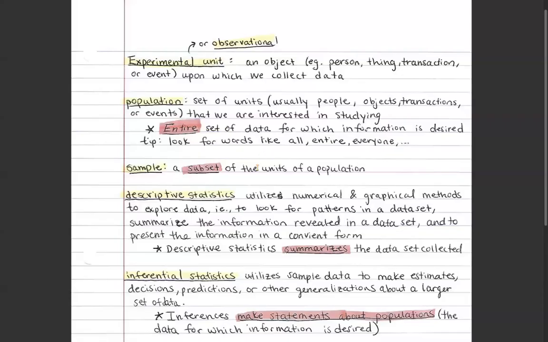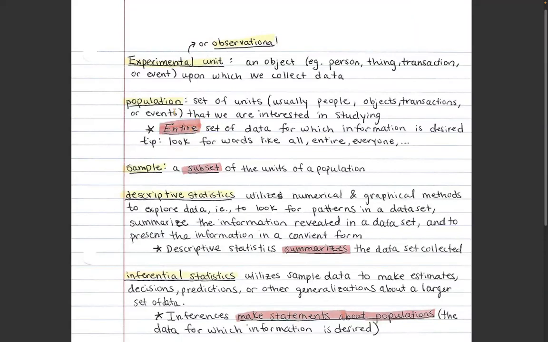So here, an experimental unit or observational unit is an object upon which we collect data. An object, for example, could be a person, thing, transaction, or event. Population is a set of units, usually people, objects, transactions, or events that we are interested in studying.